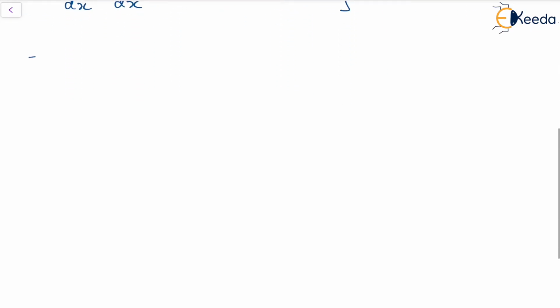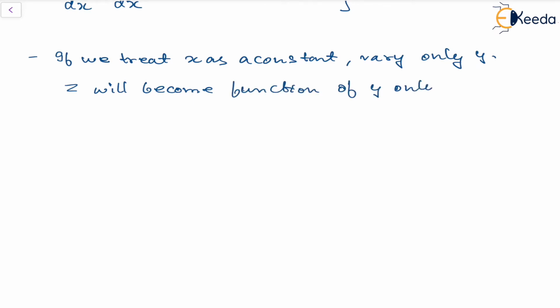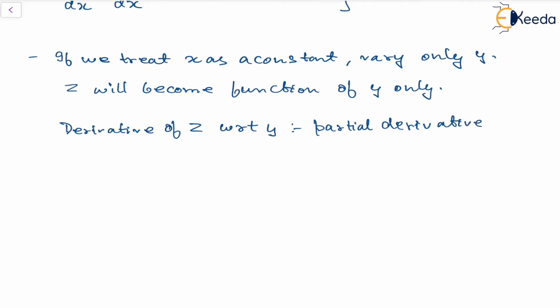So if we treat x as a constant and vary only y, then in that case this two variable function z will become a function of y only, and then the derivative of z with respect to y is what we call the partial derivative of z with respect to y.